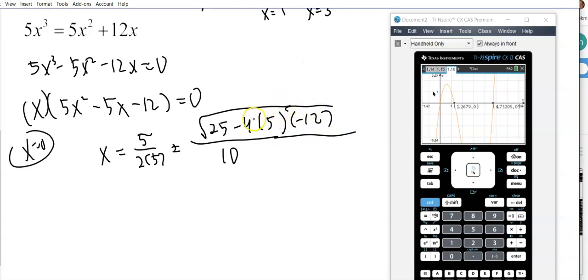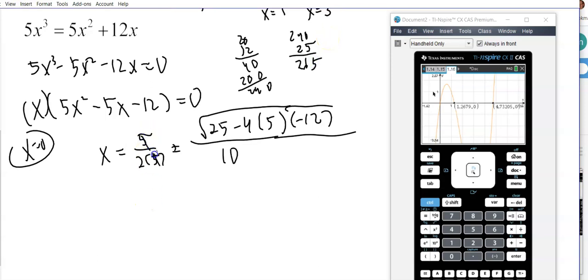So it's going to be 20 times, what's 20 times 12? 240. Oh, why did I do that? Okay, 240, so that's 240 plus 25. We're adding that, so that's 265.